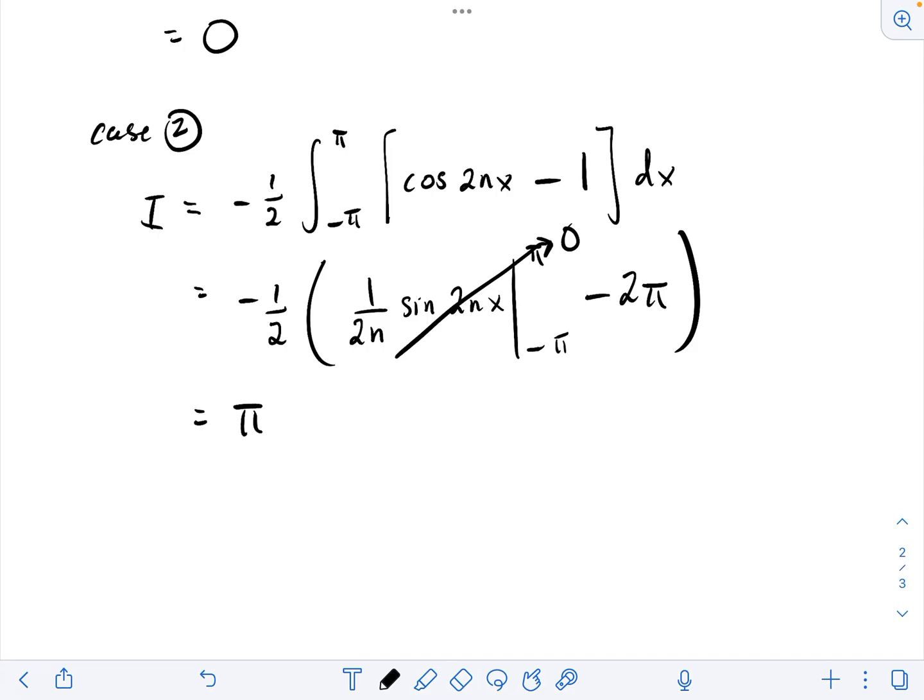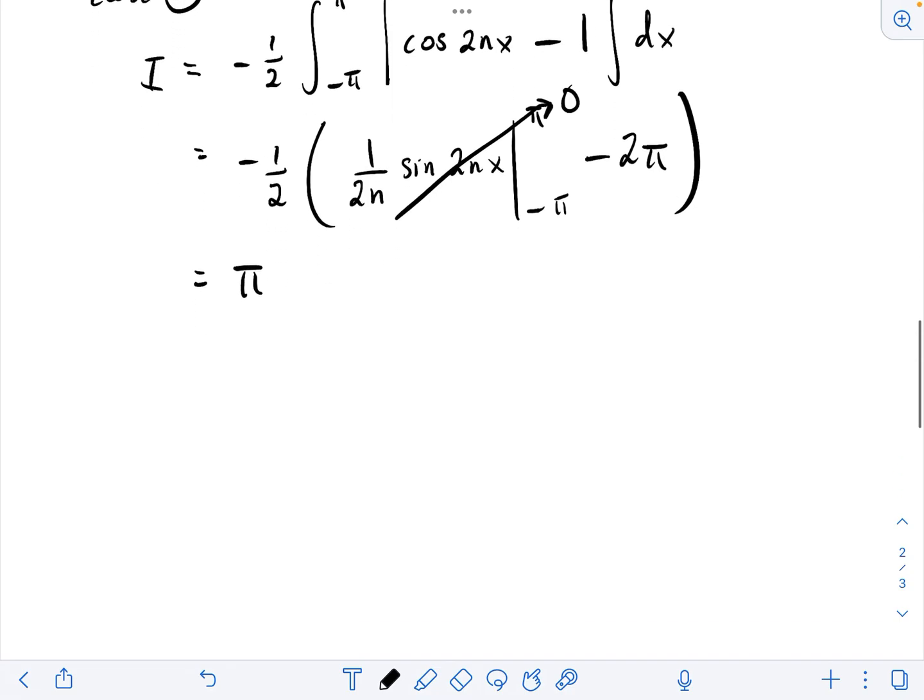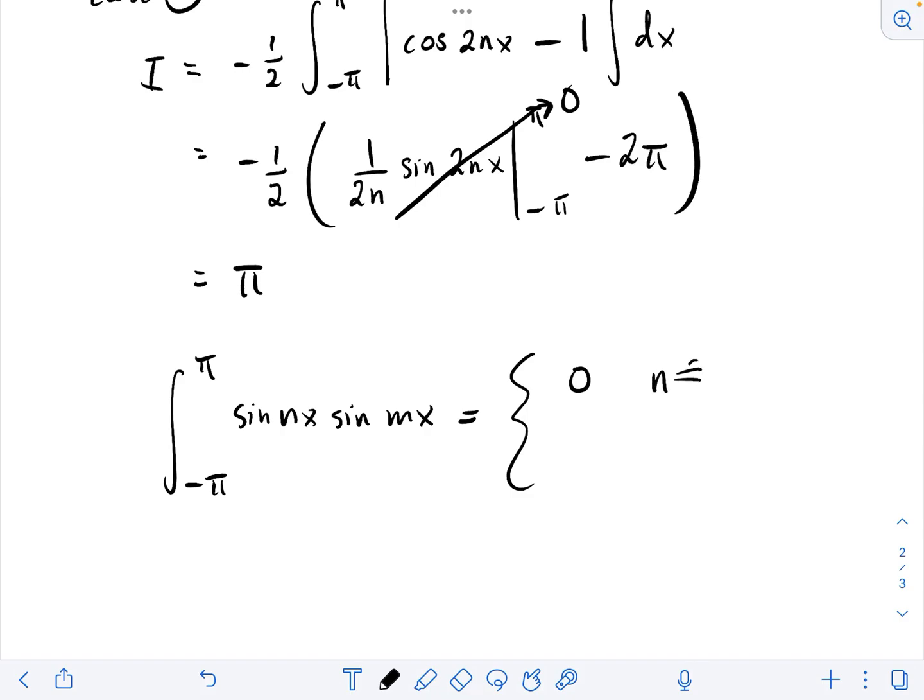So what we can conclude from this then is that the integral from minus pi to pi of sine nx sine mx is equal to 0 when n is not equal to m, and it's equal to pi when n is equal to m.